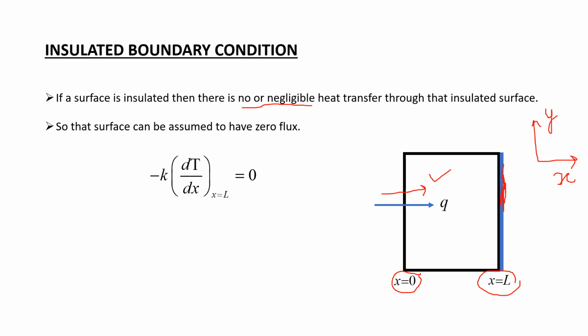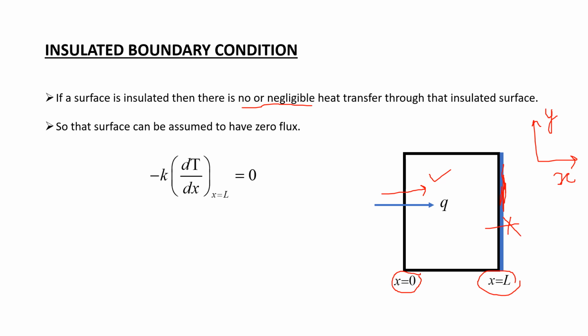The heat is being conducted in the x direction and the surface at x equal to L has been insulated. Since the surface at x equal to L has been insulated, there is no heat transfer occurring through this surface, so the net heat flux through this surface is 0.